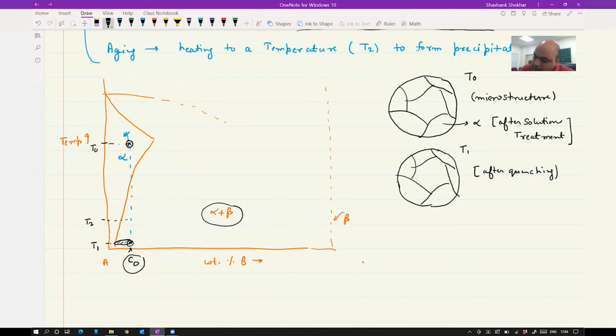So when we heat it, what we form is called precipitates. So these are your grain boundaries, what I'm drawing now, and then you start forming precipitates. It's something like this. All these are schematics, right?